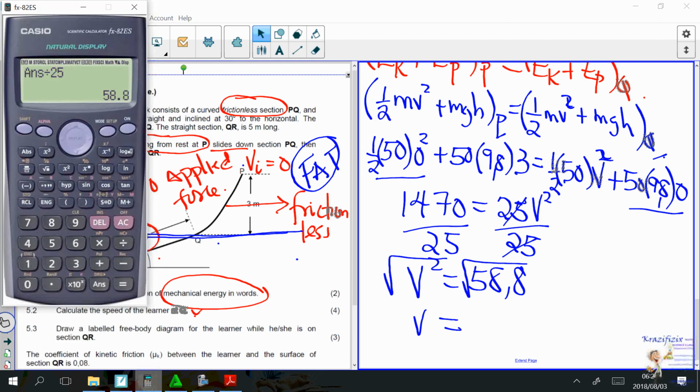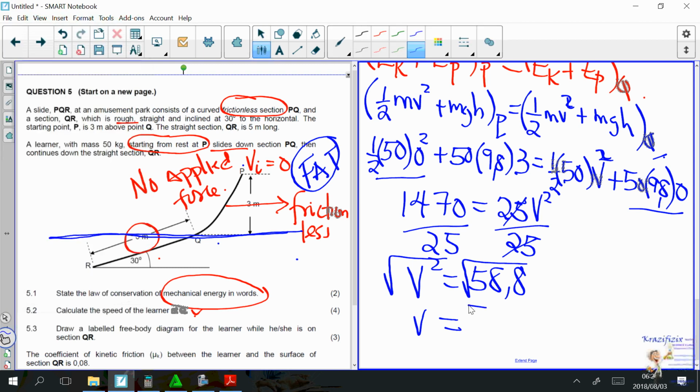All right, so what do I have? The square root of my answer. I hope you see the way I'm using my calculator. I'm just cropping in my answer, and that gives me 7,668. Two decimal places. We can now say our answer is what? 7,67 meters per second. All right.